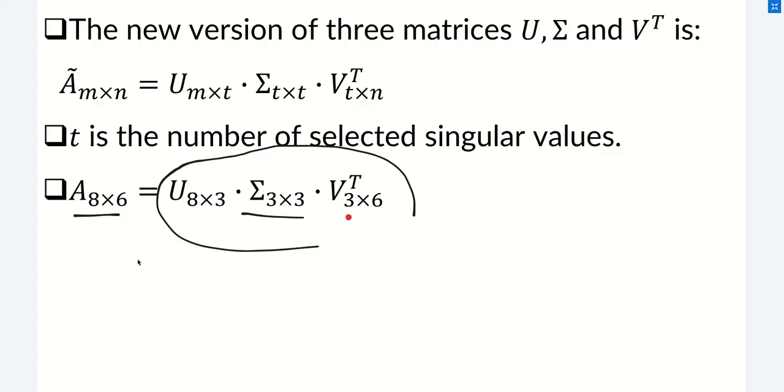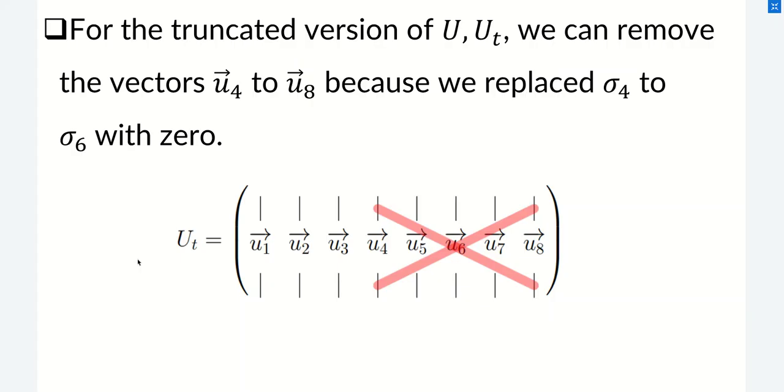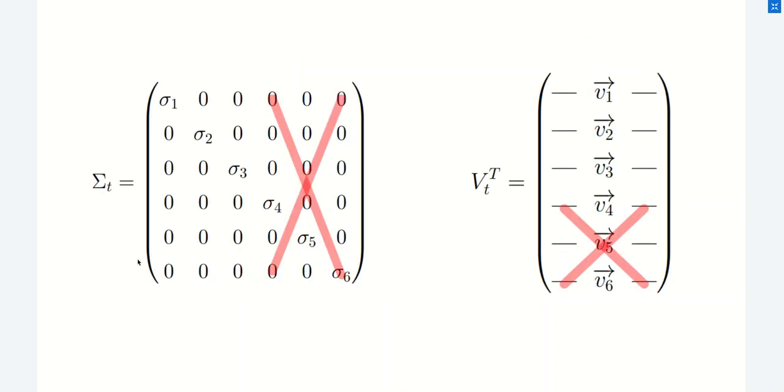How many rows do you have? We have three. So it has truncated the irrelevant ones out, leaving the relevant ones so that we're able to use them to find our hidden variables. As you can see over here, we truncate and pay attention to the first three. The same thing goes with our sigma and also the V.